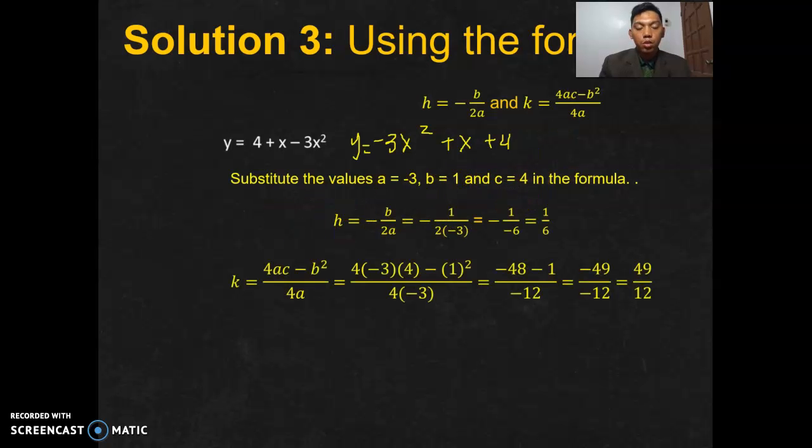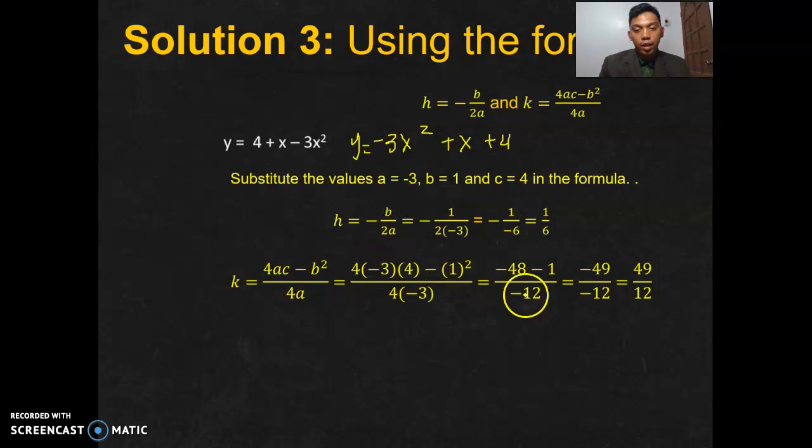Now we substitute to the formula h equals negative b over 2a, which is negative 1 over 2 times negative 3, that is negative 6. So negative times negative, that is 1/6. And then 4ac minus b squared all over 4a for k. Now we multiply 4 times a, negative 3, and c, 4.